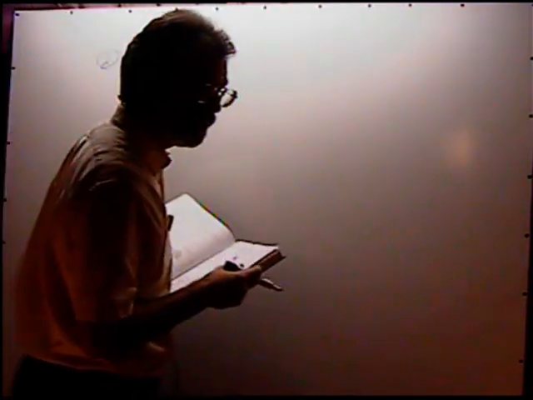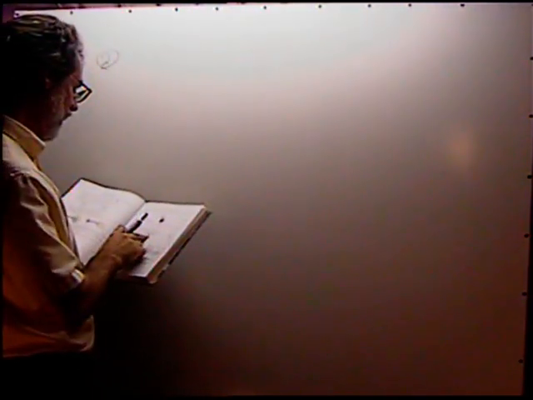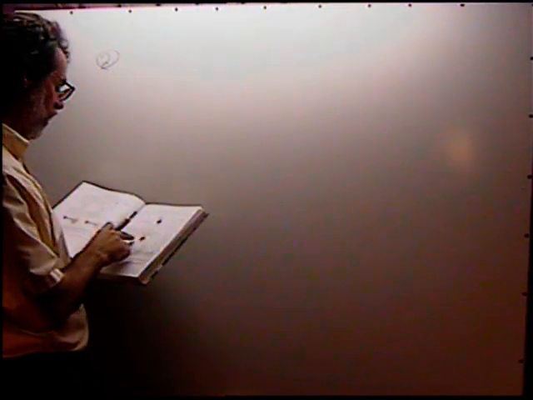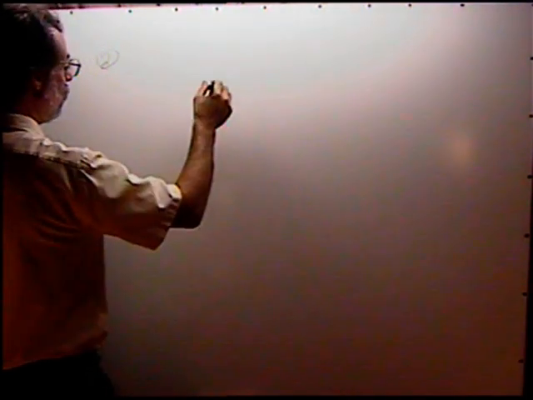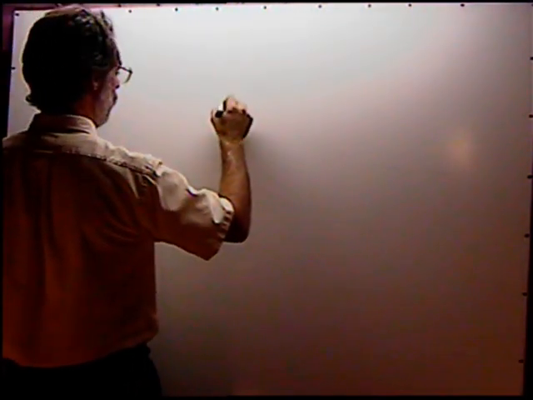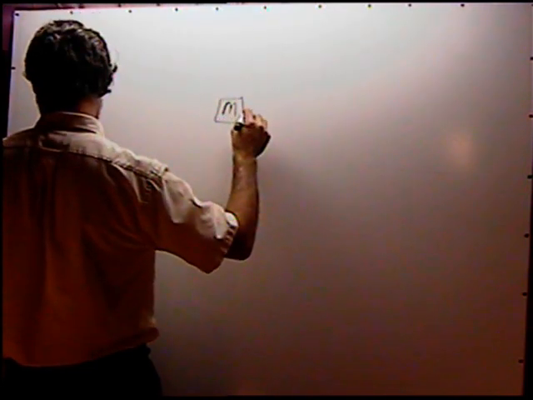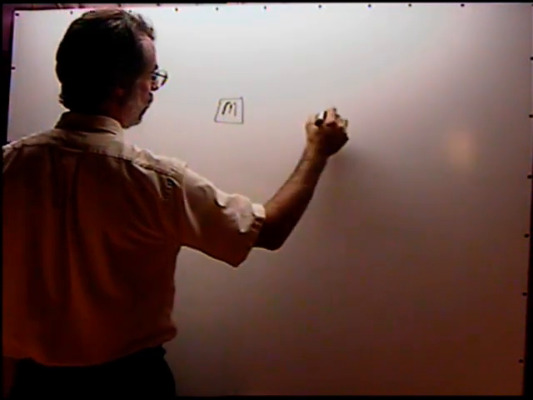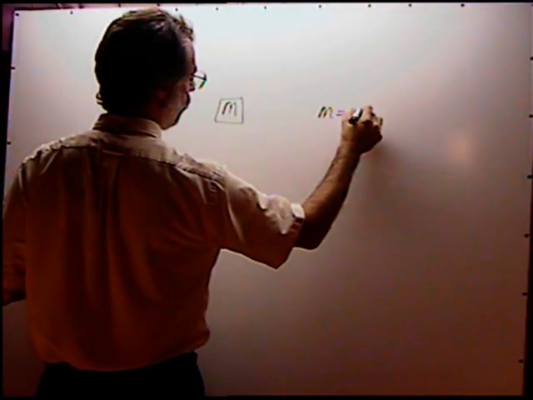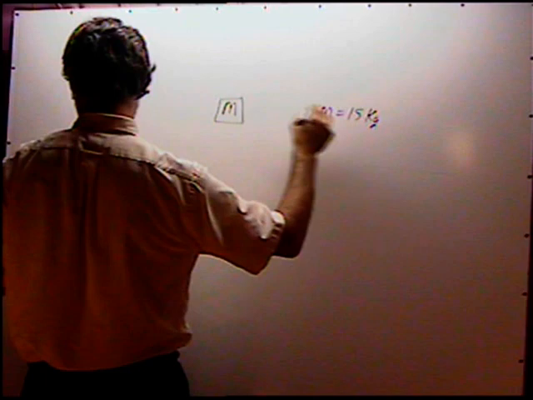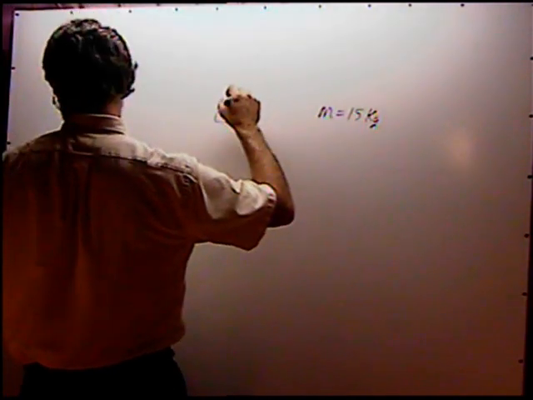Okay, question number 2. Can you see that? I think you can. A 15-kilogram sign hangs on a ceiling by 2 strings. What is the tension in each string? Basically, we have this situation. We have M, and M is 15 kilograms.